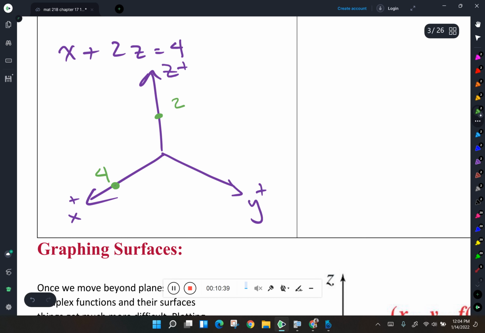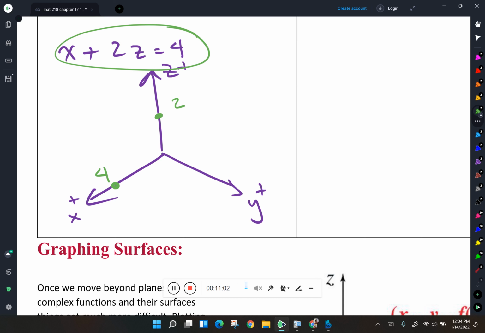But what's the y-axis intercept? Well, basically what this is saying is, by missing that y variable, y can be anything, but it's never going to intersect that axis.